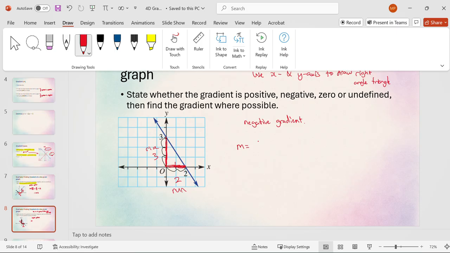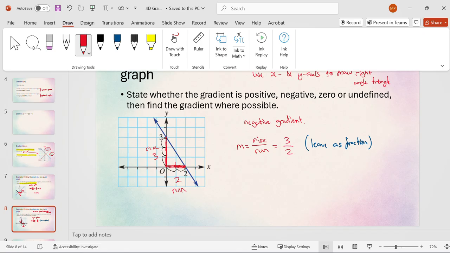So now let's just use our formula. M equals rise over run. And let's substitute the value. 3 over 2. Obviously, 3 doesn't divide by 2 perfectly, so you can just leave it as a fraction. Leaving it as a fraction is perfectly fine.